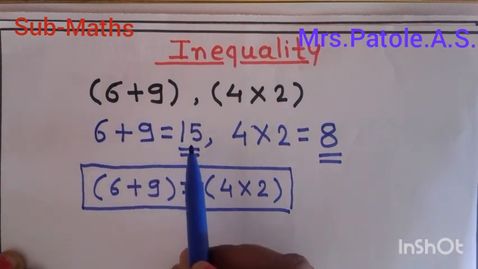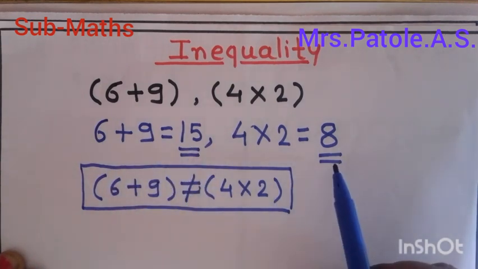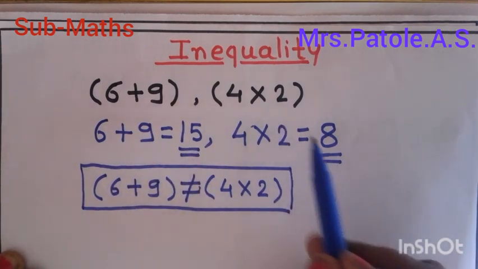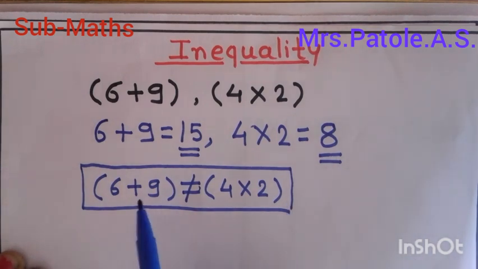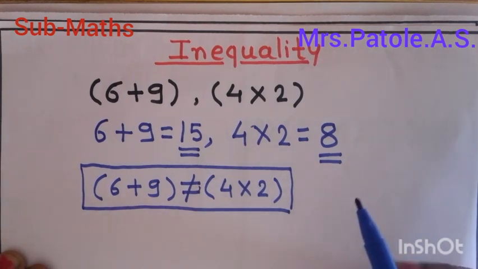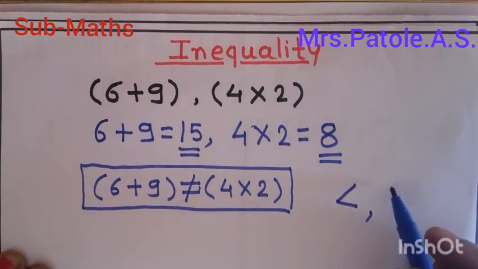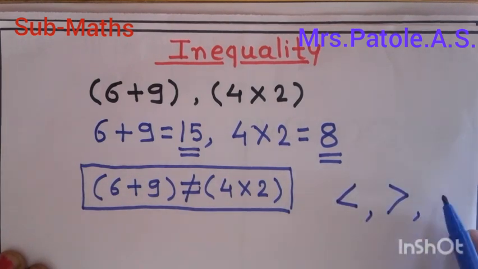The value of the first expression is greater than the value of the second expression. Here these two expressions are not equal. We can show this with the help of the symbol. Also we can show this with the help of the symbols like less than, greater than.